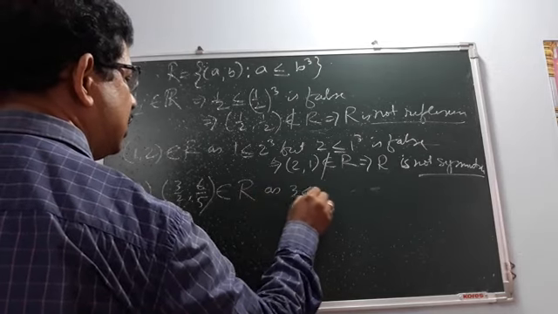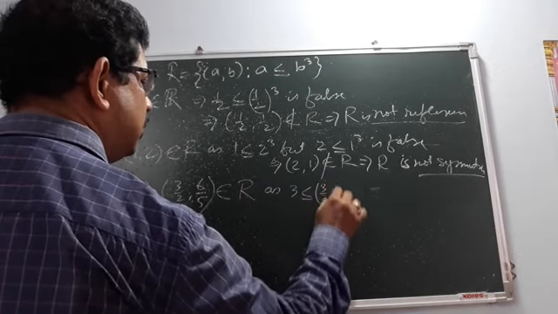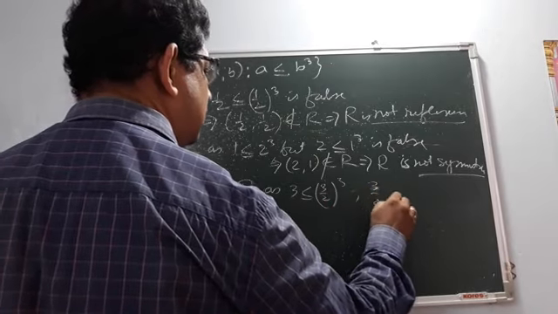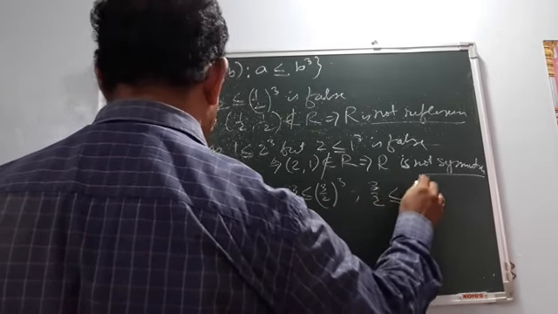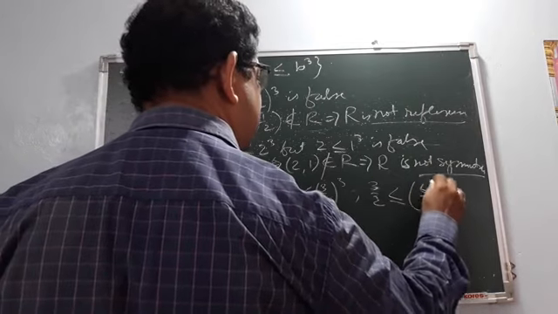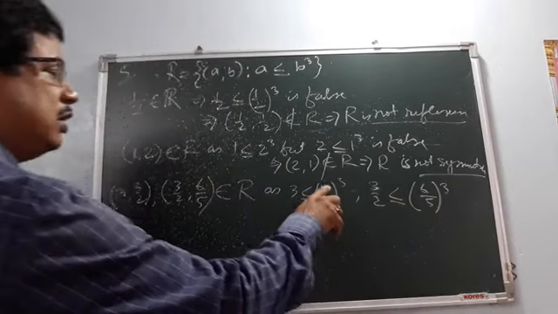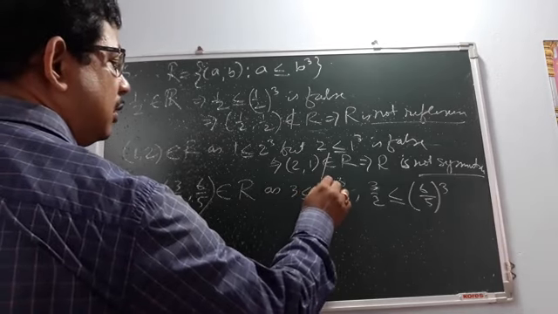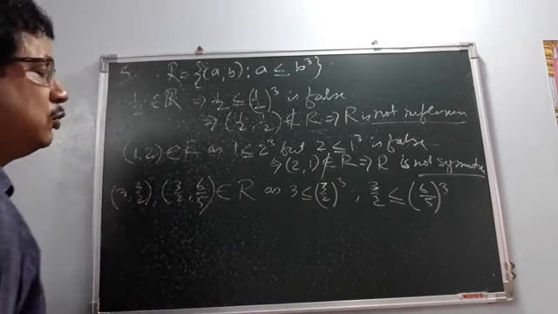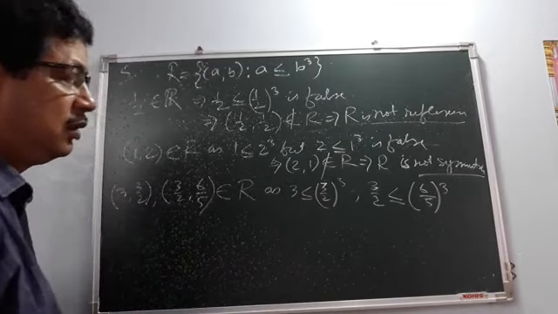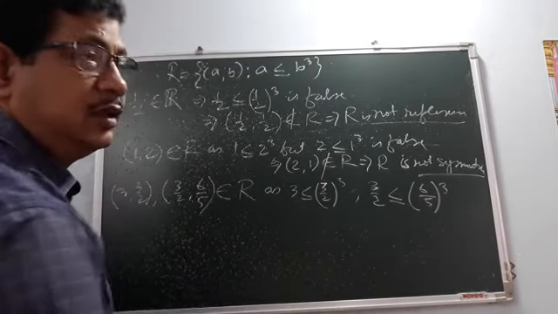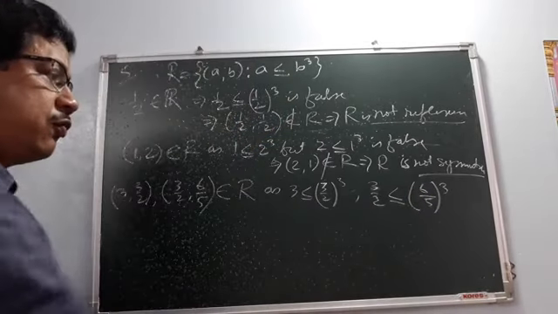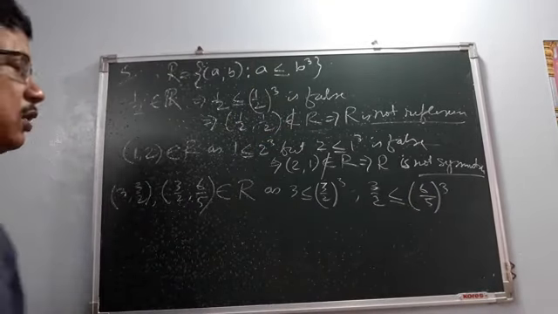Because 3 is less than or equal to (3/2) whole cube, and 3/2 is less than or equal to (6/5) whole cube. See, 9/8, 27/8, of course it is greater than 3. 216/125, of course it is bigger than this one.